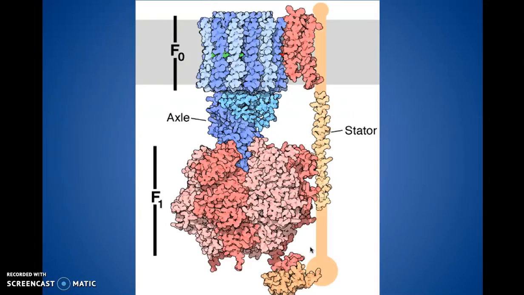Here's a better or more accurate version of what they believe ATP synthase looks like. It has these 2 different regions. This region is located in the cell membrane, and then here's the axle that turns when the protons flow through the membrane.